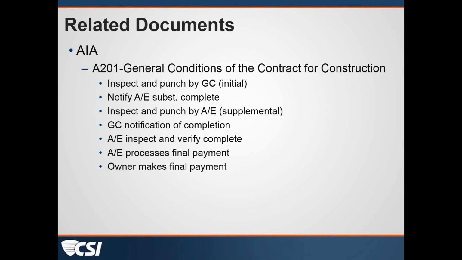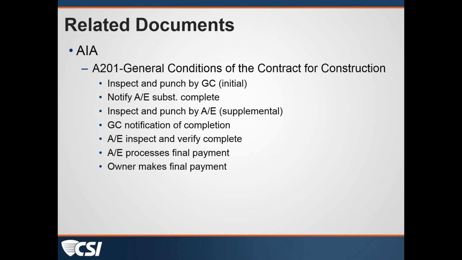The contractor then completes that list and lets the architect and or engineer know that they are in fact complete with correcting those items. The architect or engineer then inspects and verifies that that list is complete, and at that point is able to process final payment recommendations to the owner, and then the owner makes final payment to the contractor. And that's just a general outline of how the process is established in the AIA documents.